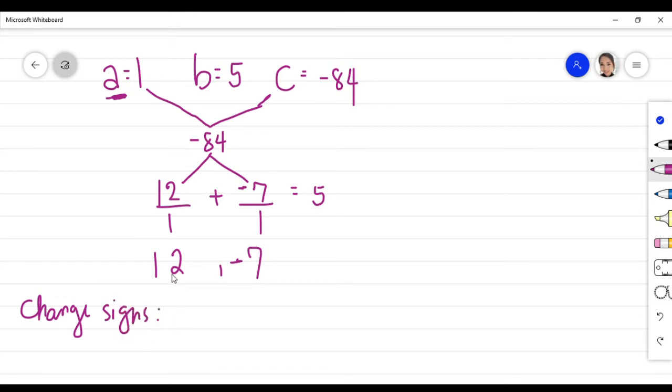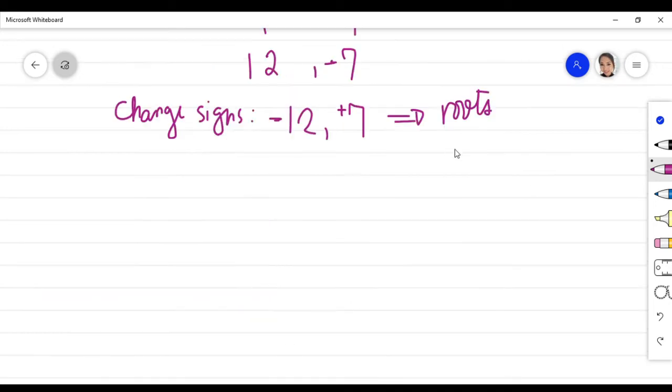So positive 12 becomes negative 12, and negative 7 becomes positive 7. These are our roots for the quadratic equation W squared plus 5W minus 84 equals 0.